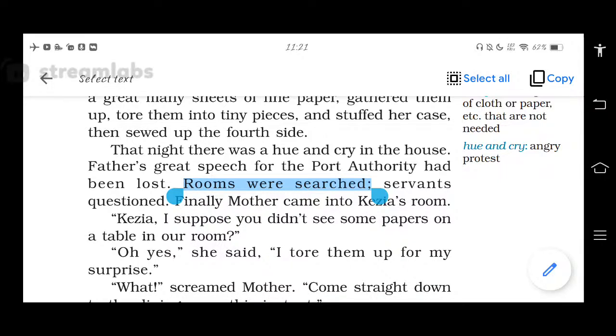Rooms were searched. Now, are you all able to understand in what way we can make some sentences while writing? If we go through this kind of small paragraphs, it enables us and makes us understand things well. So that is what I'm asking you.